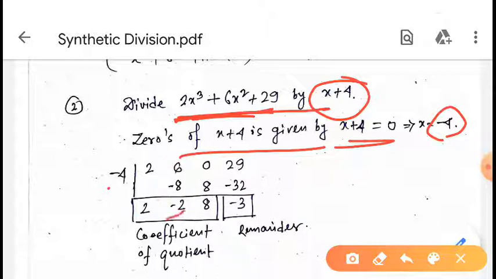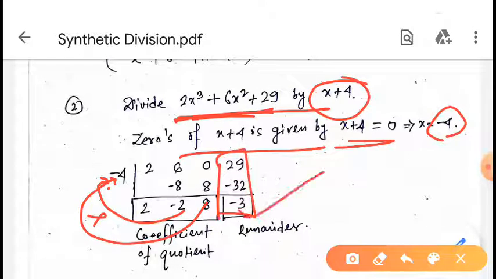Again minus 2 is multiplied with minus 4, so that will be 8, and 8 and 0 will be 8 again. Now this 8 is again multiplied with minus 4, that means minus 32, and when you perform this operation, that will be minus 3 here.